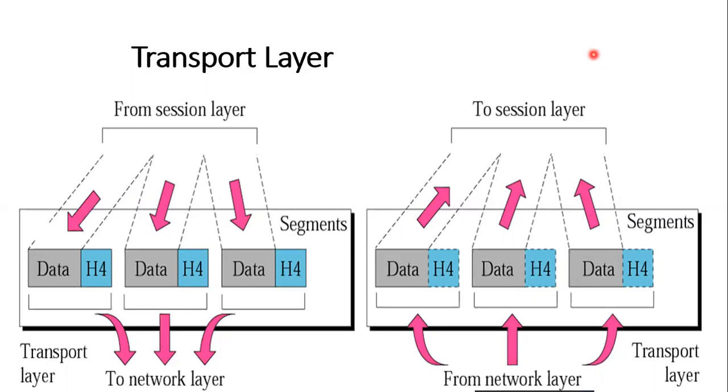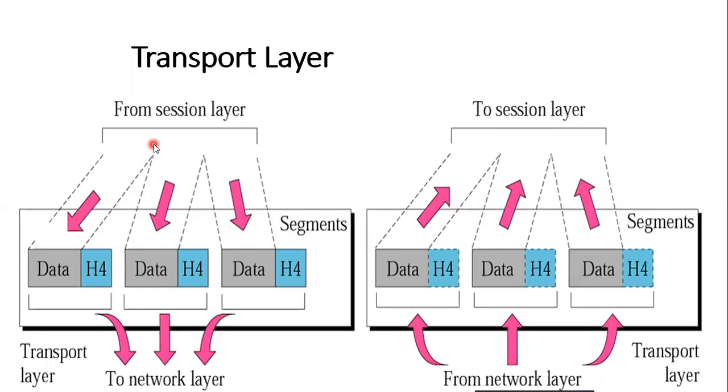The transport layer is responsible for ensuring that all the data is delivered error-free and in correct sequence. It is concerned with the process to process delivery of the entire message.